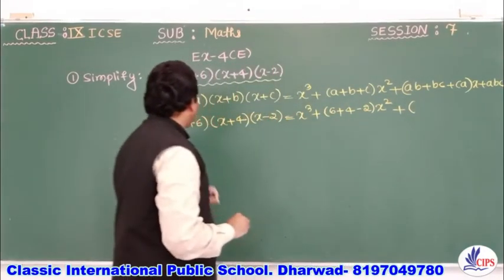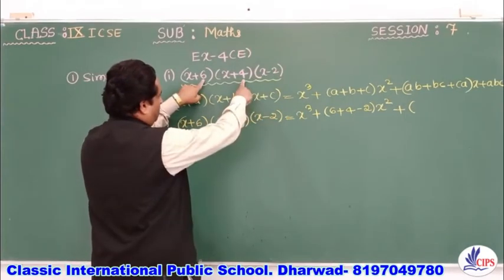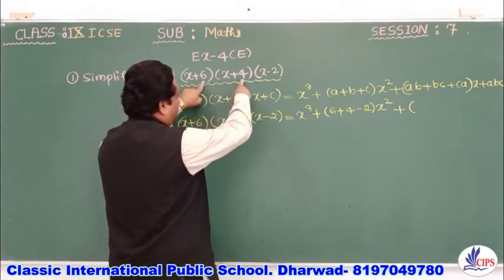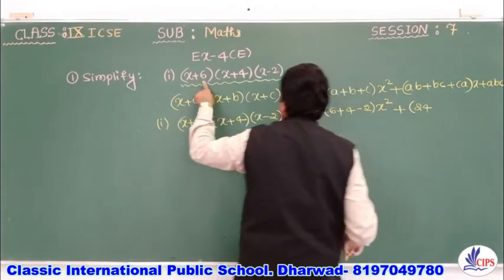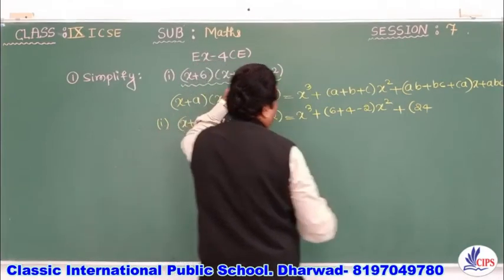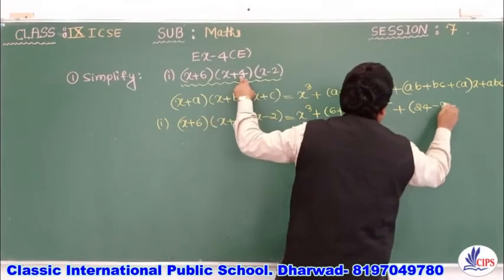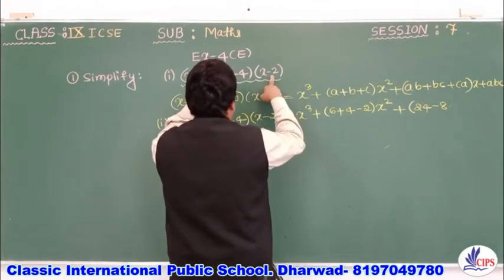ab. ab means what here? ab means 6 into 4. 6 fours are how much? 6 fours are 24. Right? Plus bc, 4 into minus 2, minus 8. Then ca. ca means what? Minus 2 into 6.